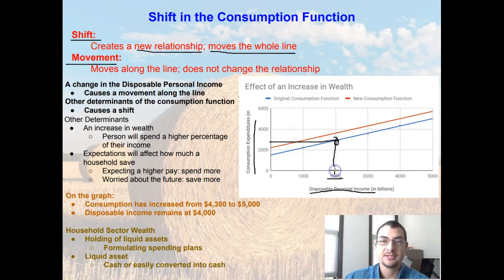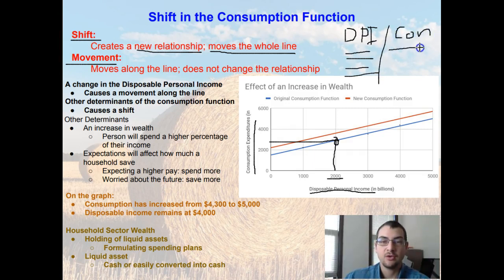And you could actually plot this out on a table where you have DPI on one side, with all of the various levels of disposable personal income, and then on the other side of this table, you have consumption, with the corresponding amounts at each level of disposable personal income. So it's a relationship.